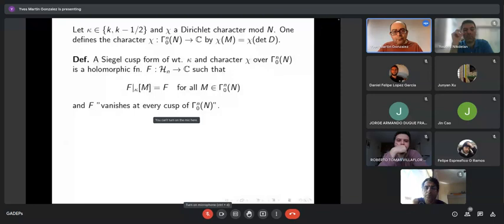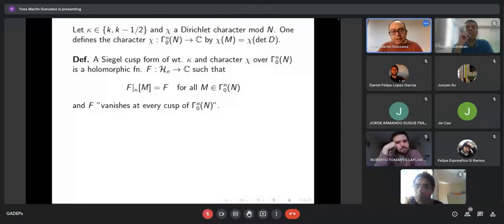So a Siegel modular form is just that. But now we want something else. We want to work with Siegel cusp forms, which is a subset of Siegel forms, and which is sort of a mysterious part. And those are the Siegel modular forms that vanish at every cusp of gamma 0 N.